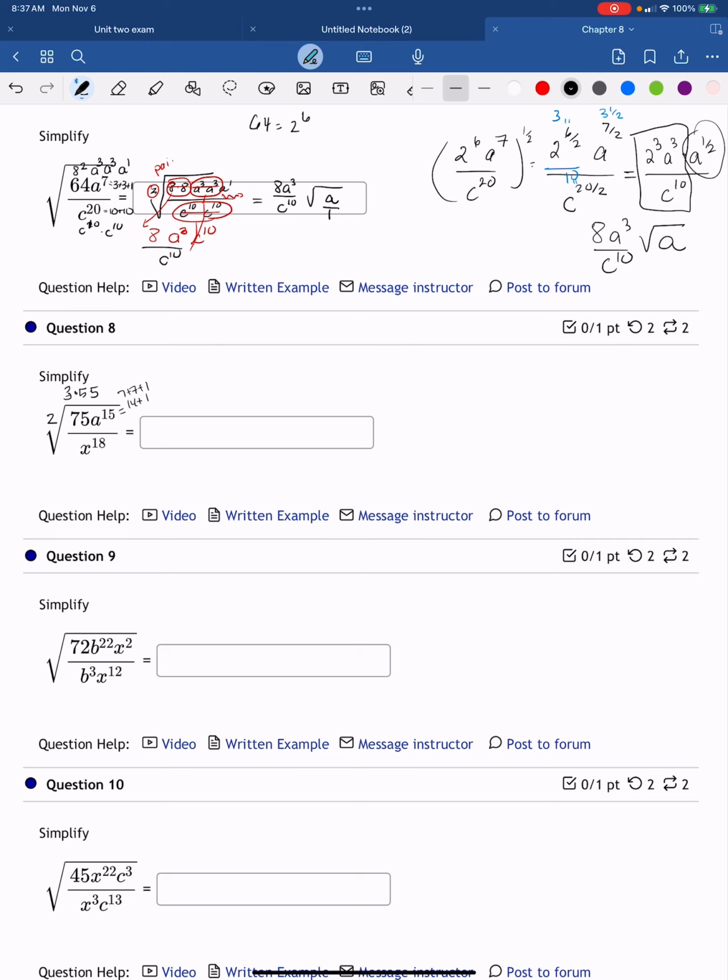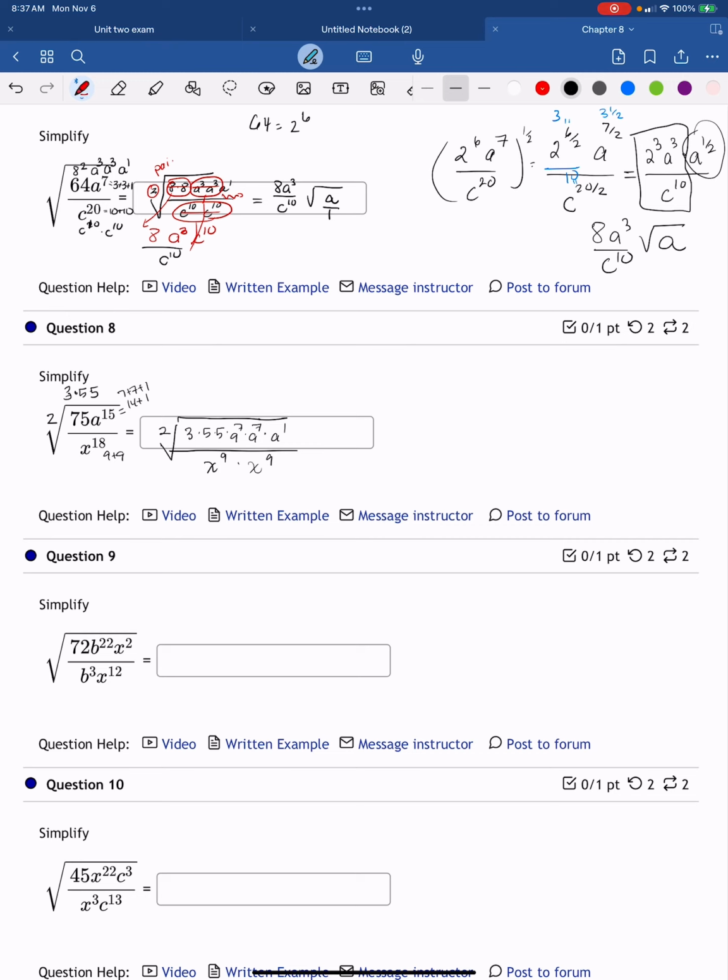And 18 is 9 plus 9. So my square root, I have 3 times 5 times 5 times a to the 7th times a to the 7th times a to the 1, all over x to the 9th times x to the 9th.